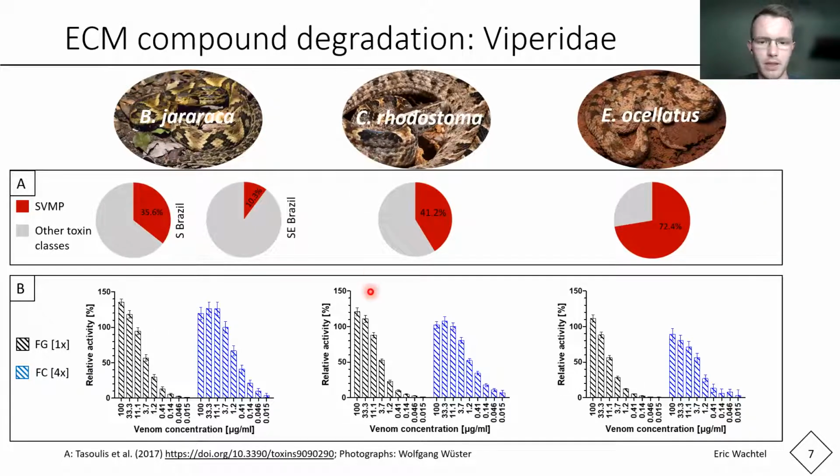After that, Calloselasma rhodostoma is the most potent, and Echis ocellatus is the least potent, despite having over 70% of its venom made up of SVMPs. Again, here we can also see slight differences between the different substrates, but overall it continues the same picture that we have also with the elapids.